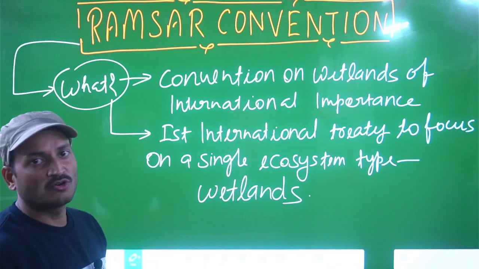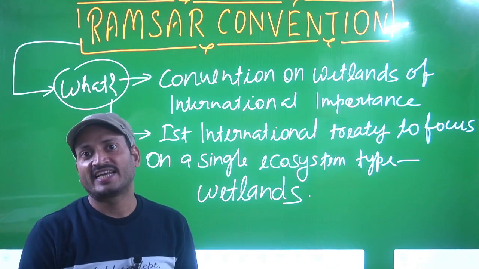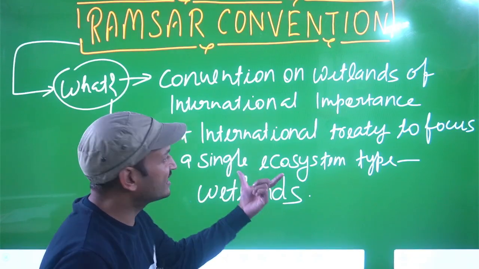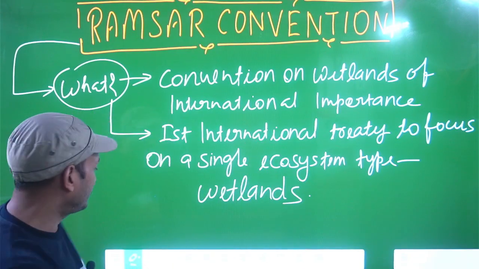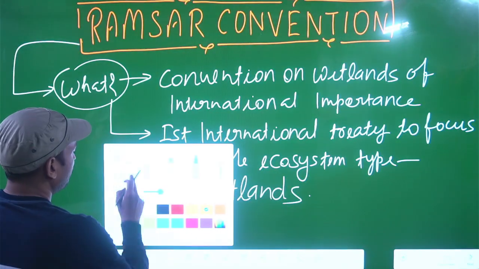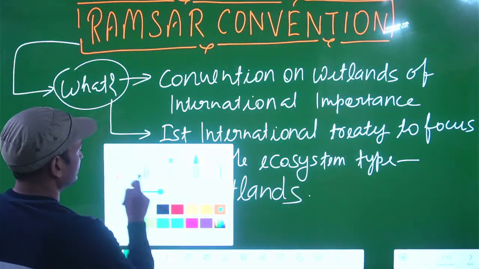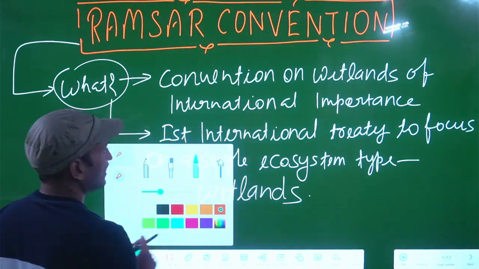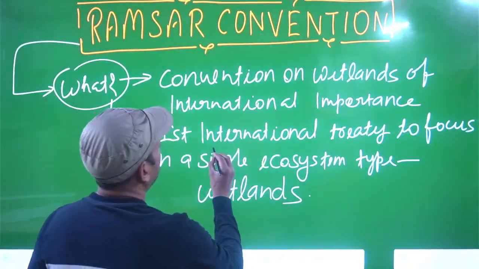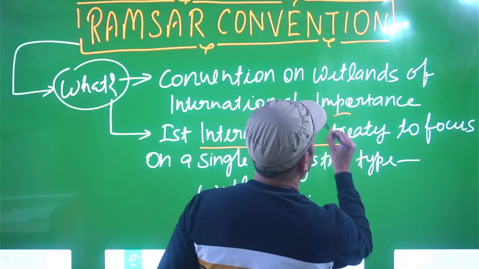Now, before we go further deeper into details, just a quick discussion of key terms used here that is important. For example, as we see a term used here, international treaty.